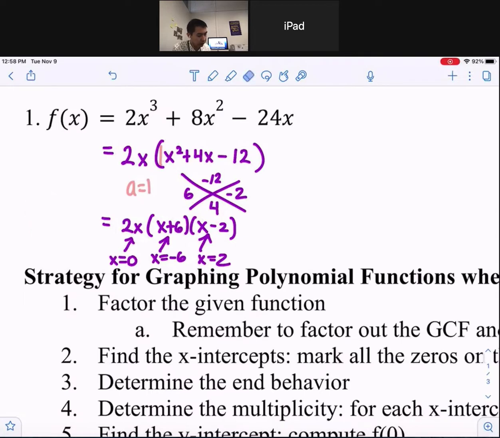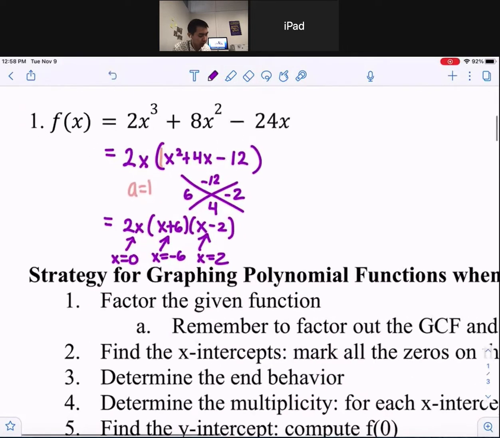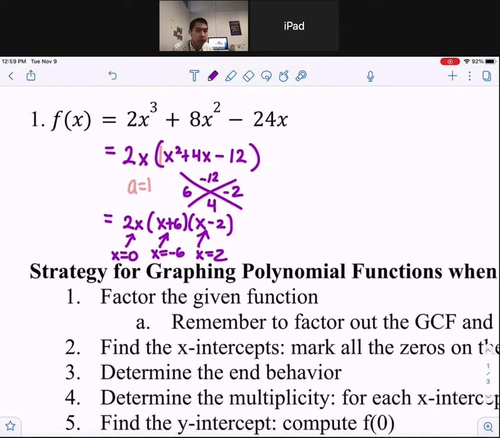If you plugged in negative 6 into that, isn't negative 6 plus 6 0? And if you plug in 2 into that factor, isn't 2 minus 2 0? So those are all the factors of your polynomial, and those corresponding zeros are the zeros for that polynomial.